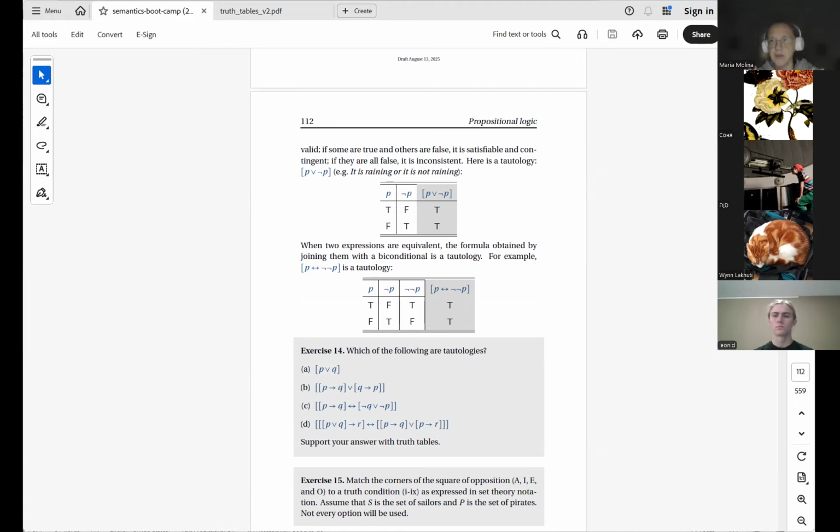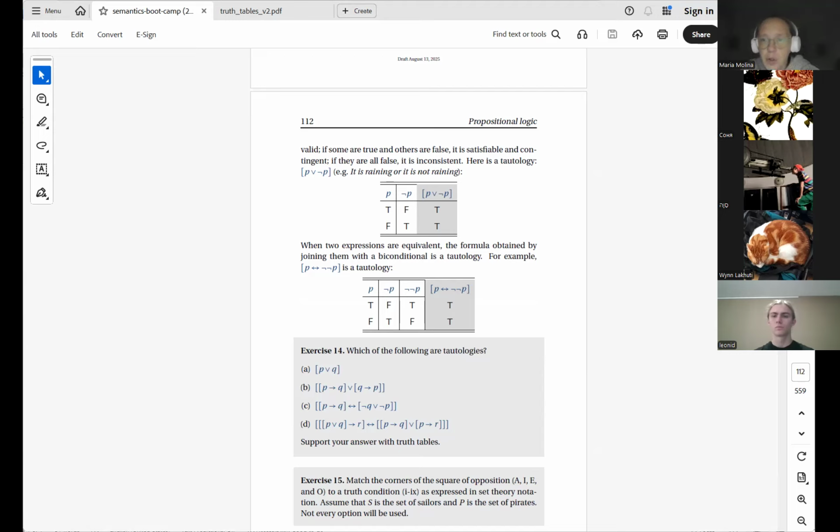You check, is there a situation when it gives us false? If P is true and Q is true, P to Q gives us true, okay? Just take your pen and paper.